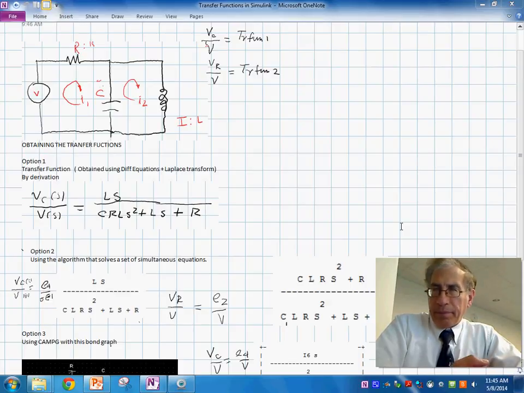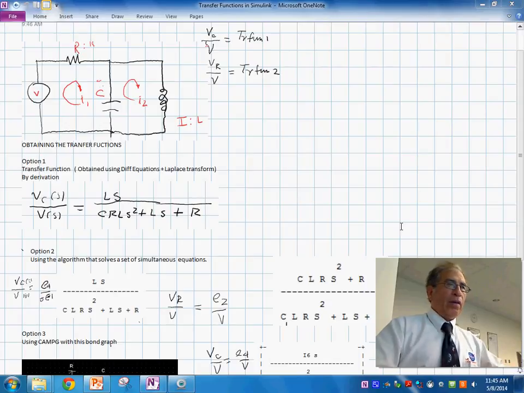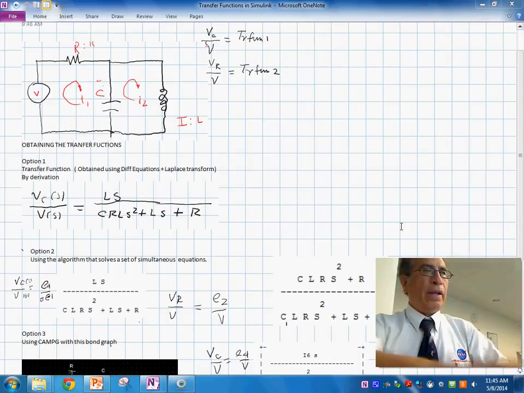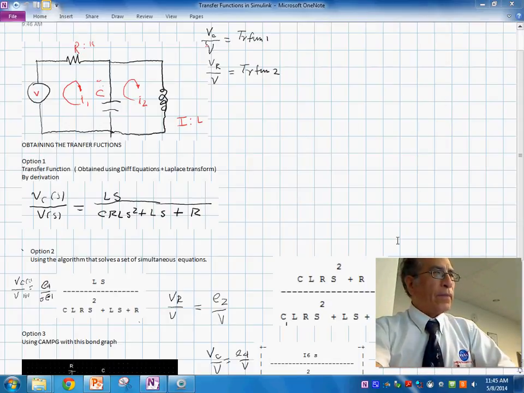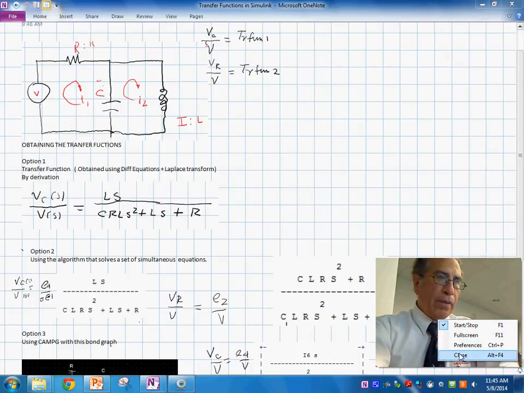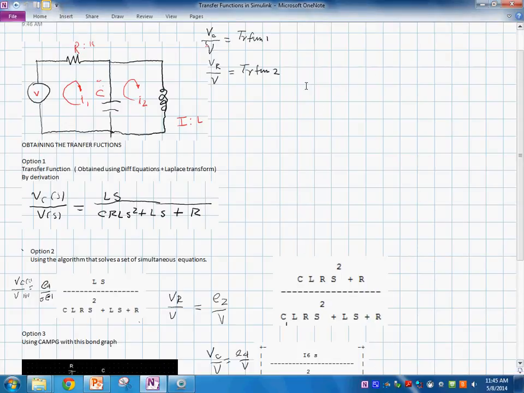And the second aspect is, when you change those coefficients, what is the effect on the response of the system? Okay, very good. So we will use this example.